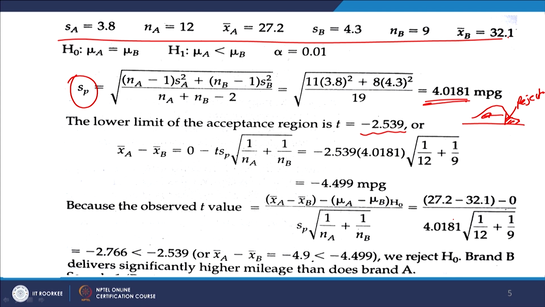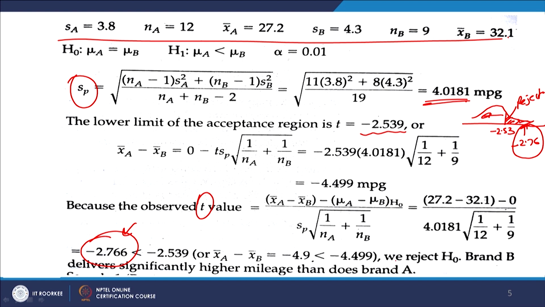The calculated t value is this, which is minus 2.766. When you compare it, this is your table value, it is minus 2.53, and this is your calculated value, which is somewhere here, minus 2.76. So, this value falls in the rejection region.